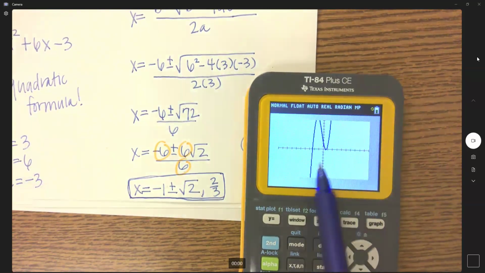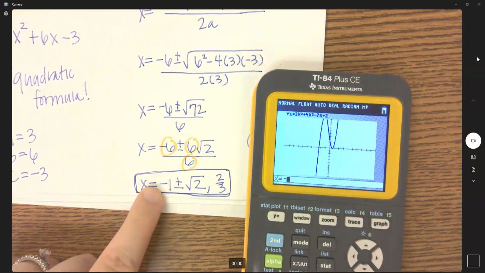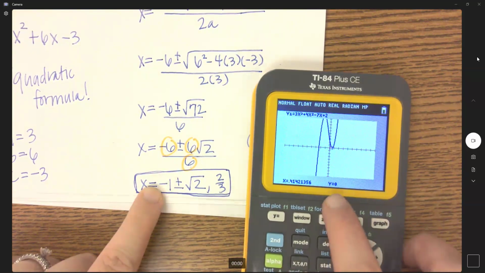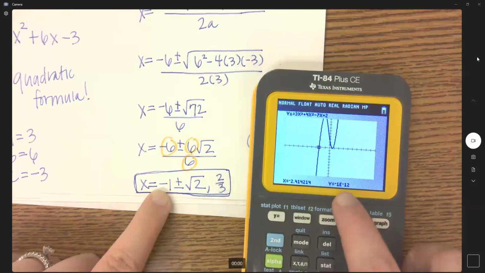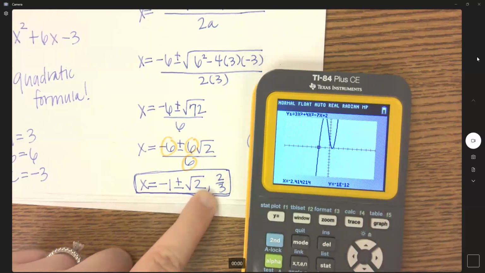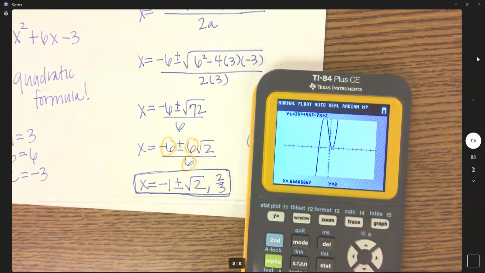It looks like it's just past that -2. So now if I check all of these, trace -1 plus the square root of 2, we have a y of 0. And if I do -1 minus the square root of 2, that is basically 0. And then if we wanted to check one more time, that 2/3, we get 0.